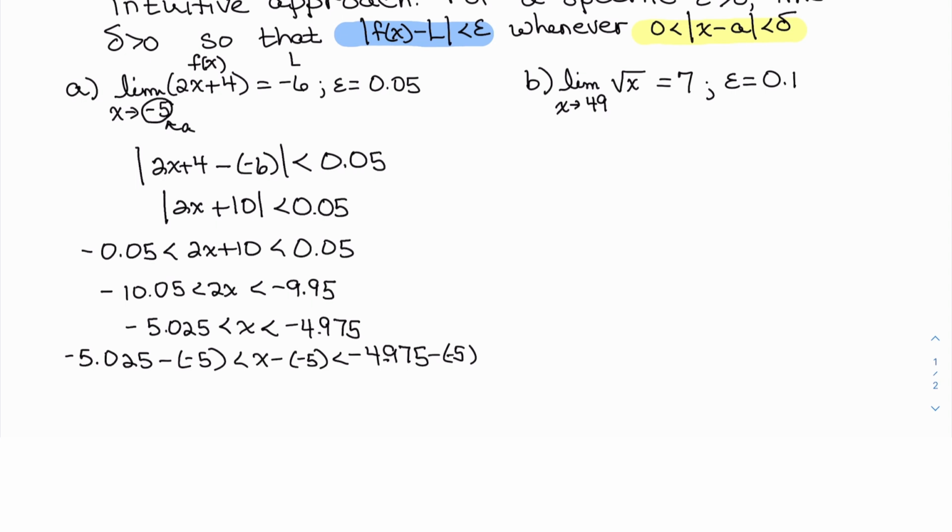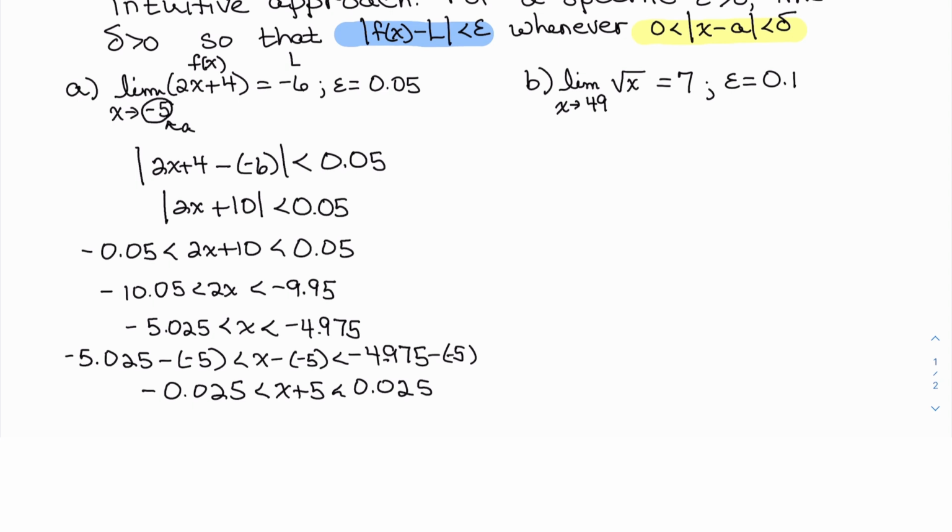Now simplifying each of these, I get negative 0.025 is less than x plus 5, which is less than 0.025. And now notice how we have the same but opposite values on the left of the double inequality and the right.